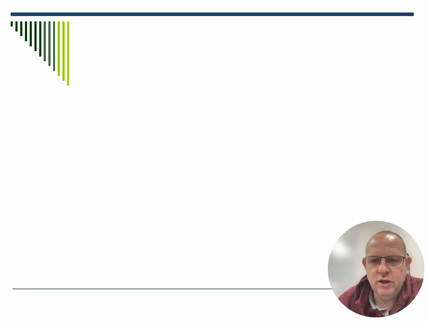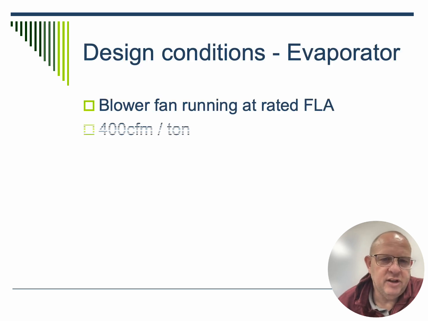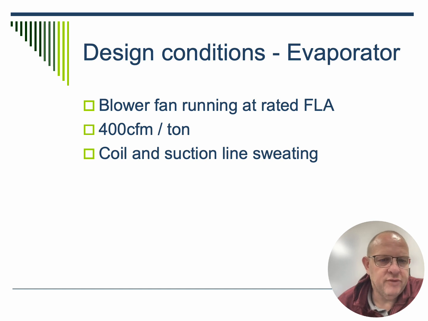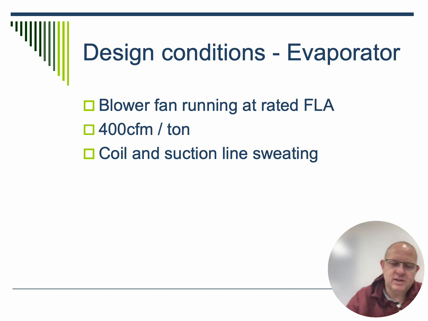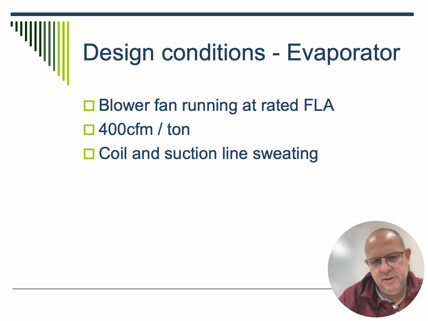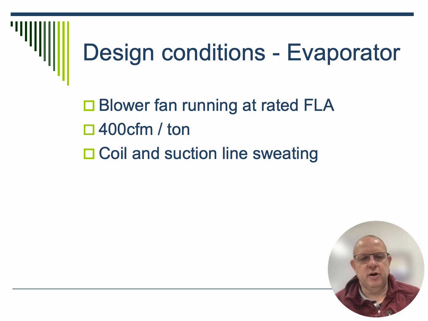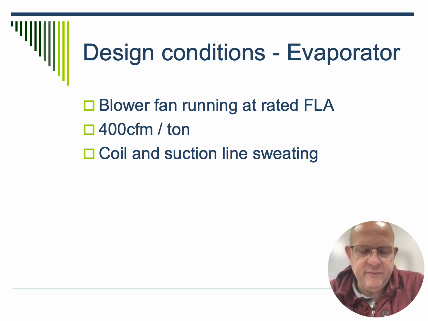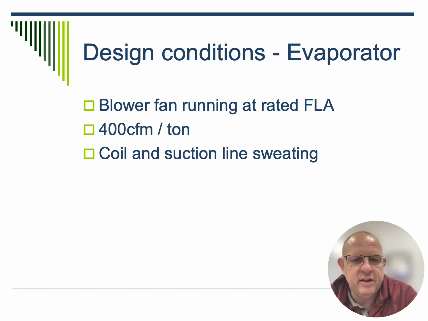We're dealing with the indoor unit, continuing with our evaporator on the system. The blower fan should be running at full load amps if it's running on high speed, depending on how the installer hooked up the particular unit. All the systems out there are going to run at 400 CFM per ton. If you're in a more humid climate, you might want to slow that fan speed down to take more humidity out of the air.